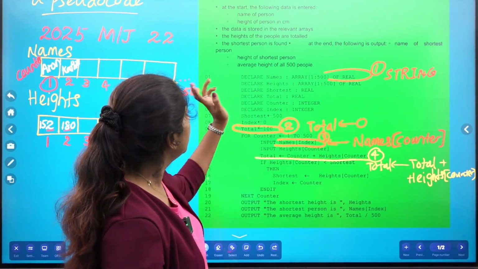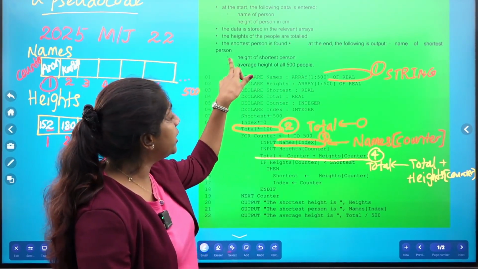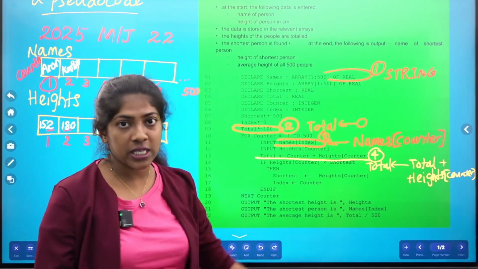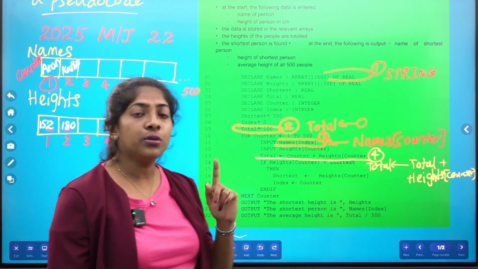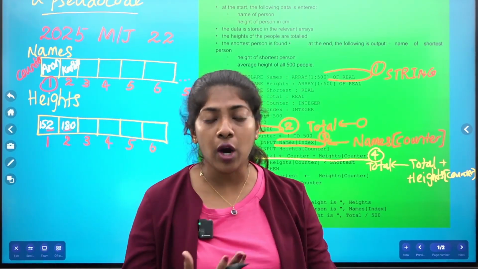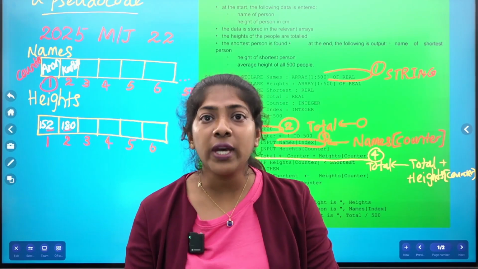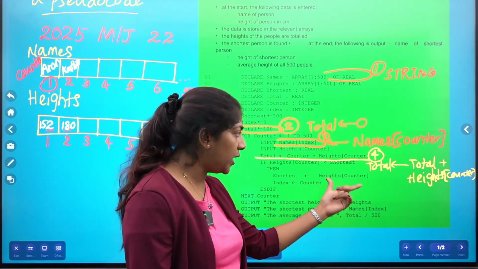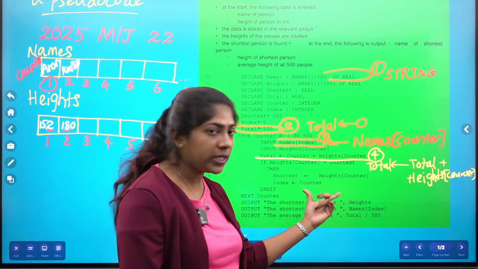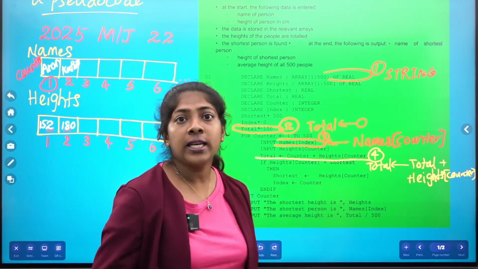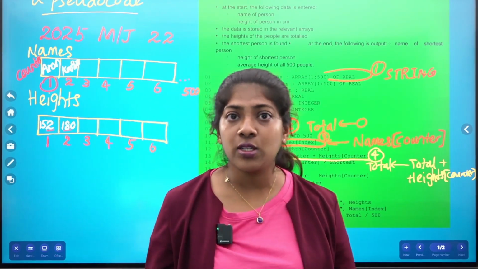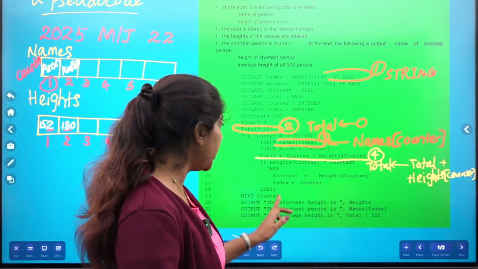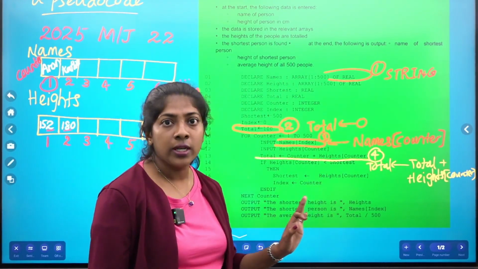We have to output the name of that shortest person at the end. So when we find the shortest value, we have to mark that counter value again in a variable, so we can find out the person's name. Understood? That is why we have taken index equals counter.